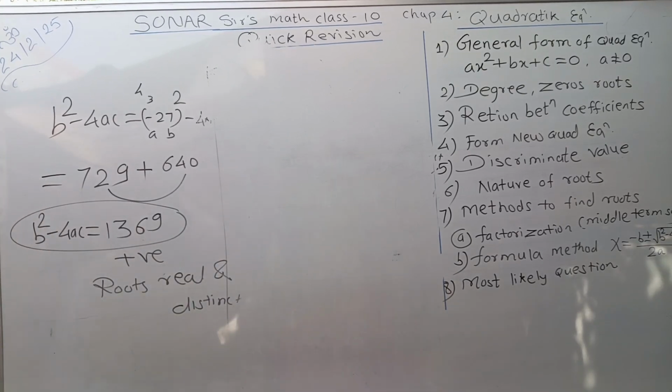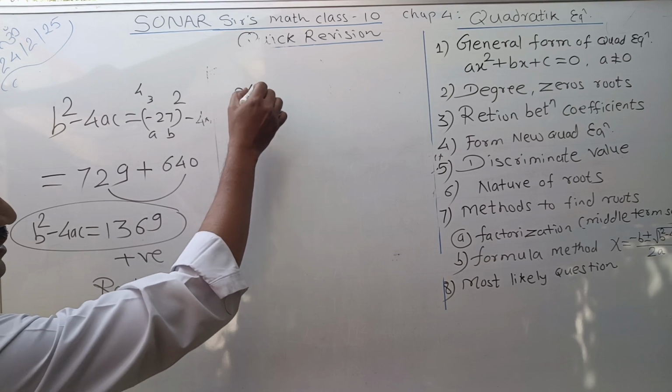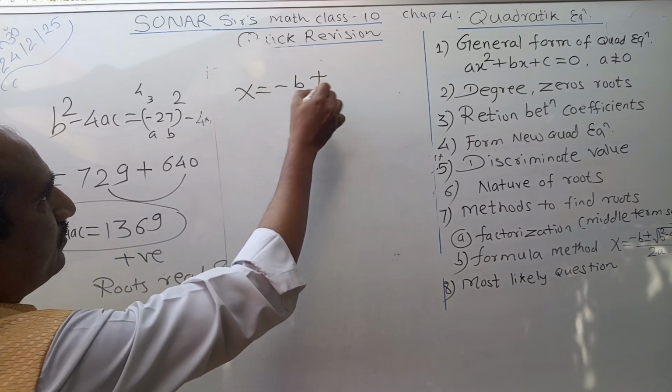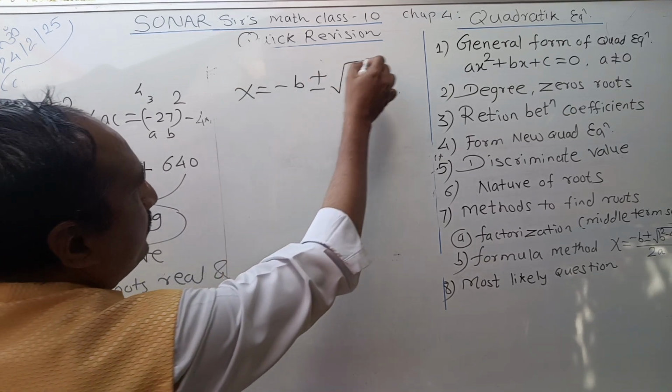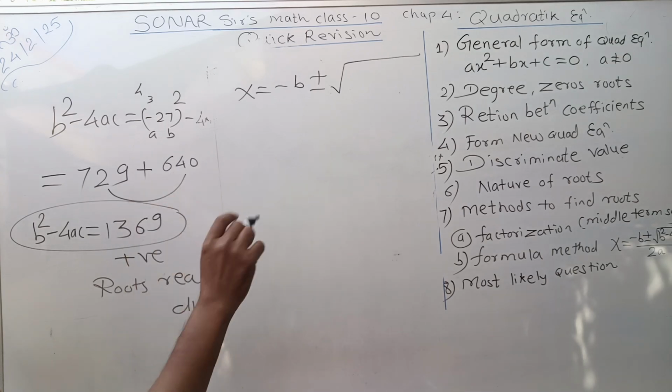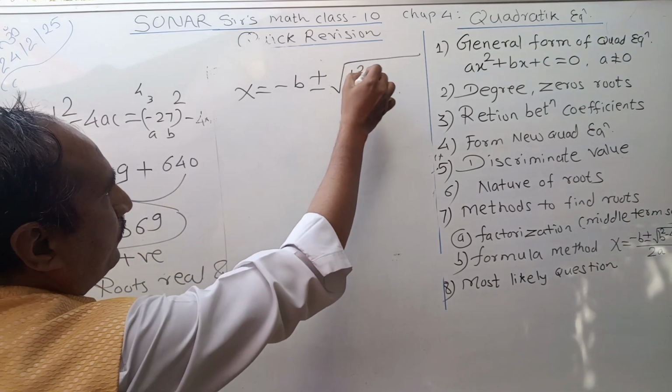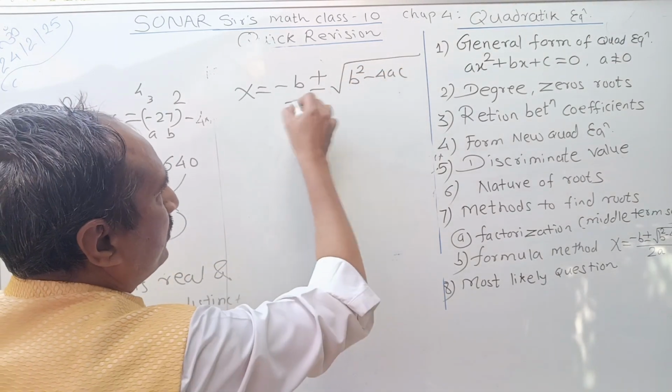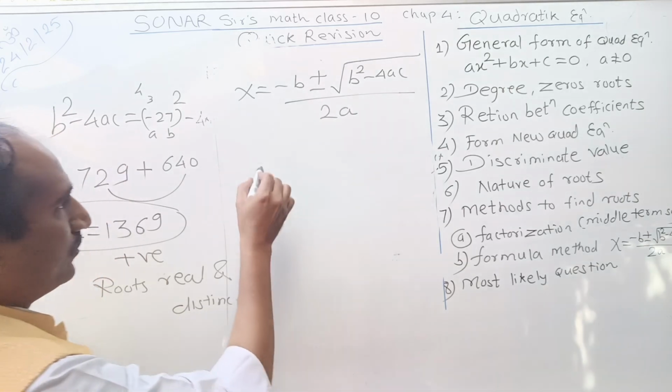Again, we'll write down the formula. x is equal to minus b plus or minus the square root of b square minus 4ac, upon twice of a.